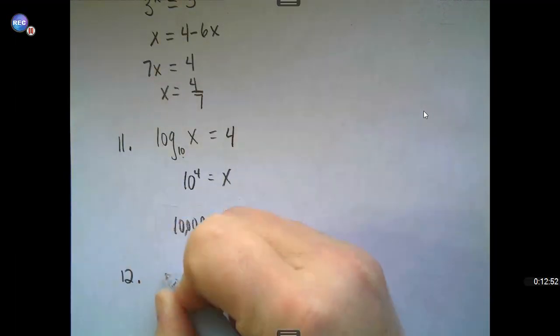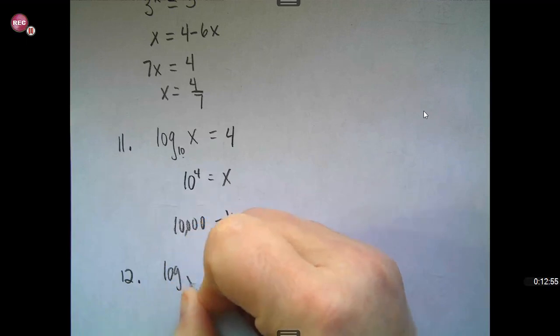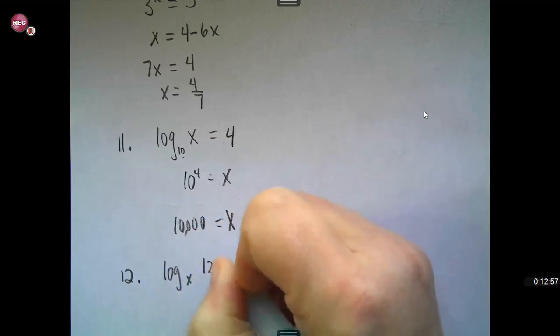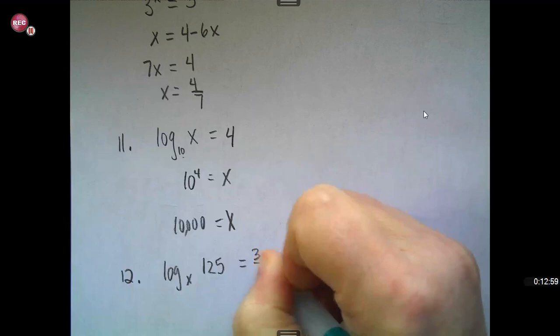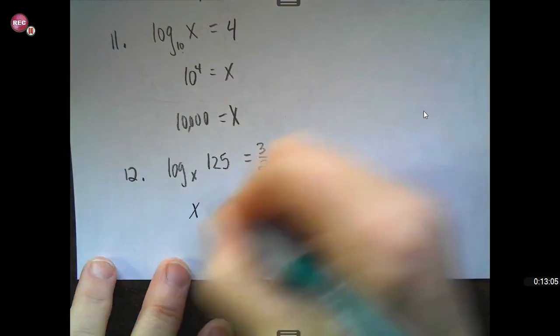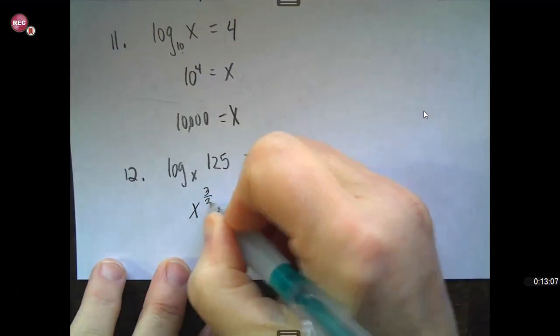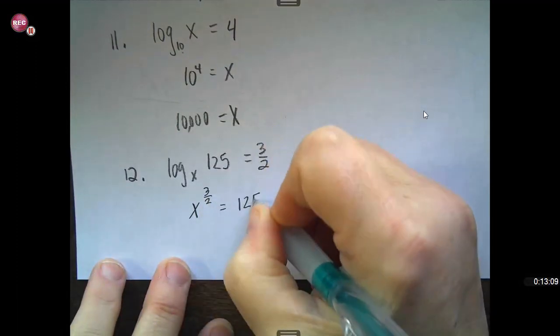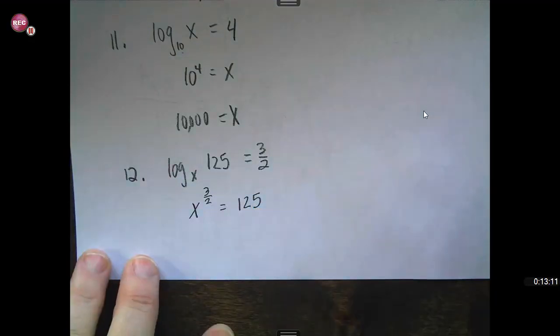12. Log to the base x of 125 equals 3/2. So again, the base to this power equals 125. And then how do I solve that? I'm not matching the bases because the x is the base.